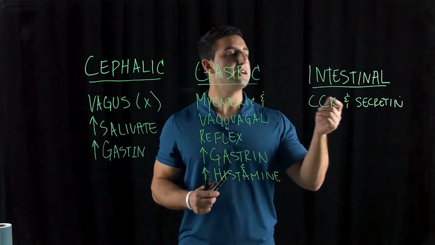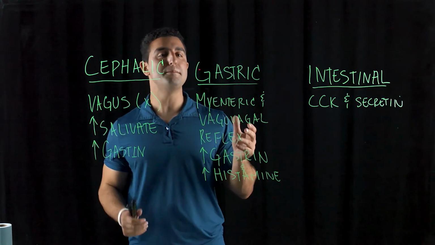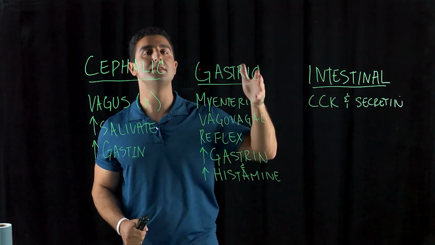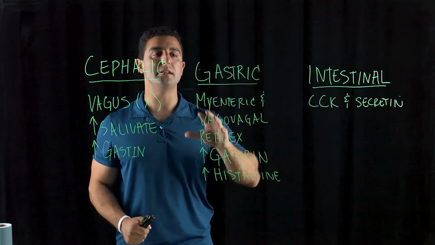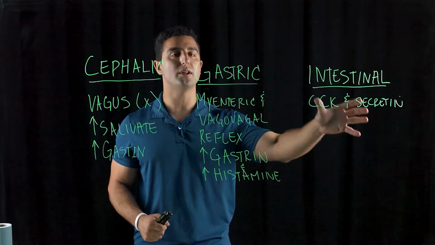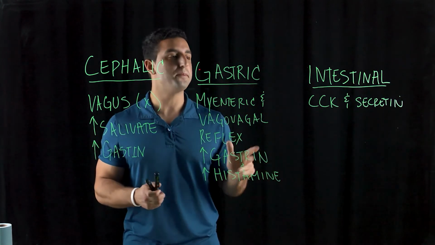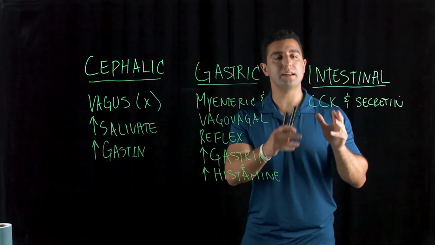So CCK and secretin together promote the inhibition of certain peristaltic responses, slowing the movement of chyme through the small intestine in order to further neutralize and allow for proper absorption, or else everything just gets flushed through.